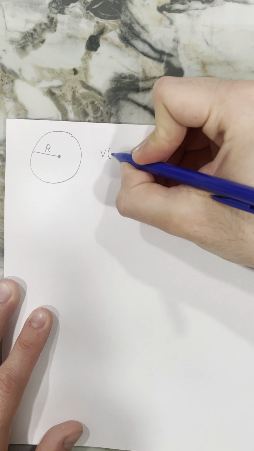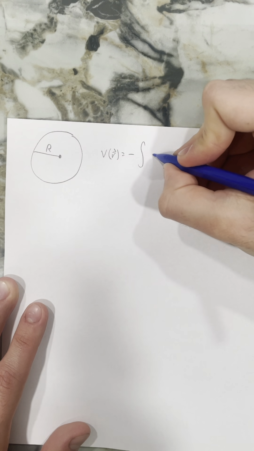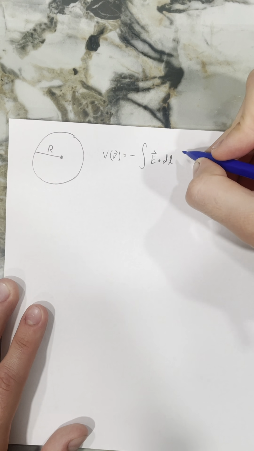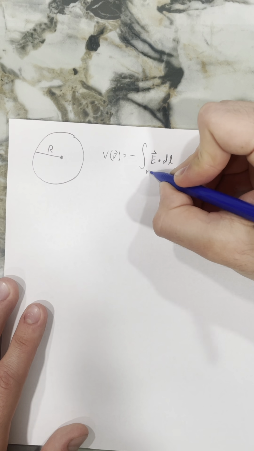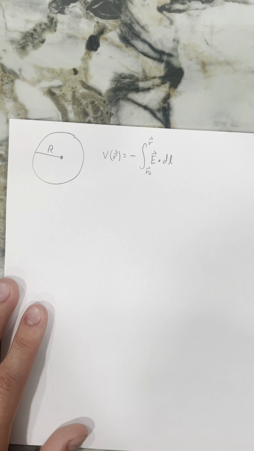To solve for the electric potential, we can use the following equation, which is the electric potential is equal to the negative path integral of the electric field dotted by the differential path element. And the lower bound is going to be our reference point. Upper bound is going to be our point where we actually want to take the electric potential.